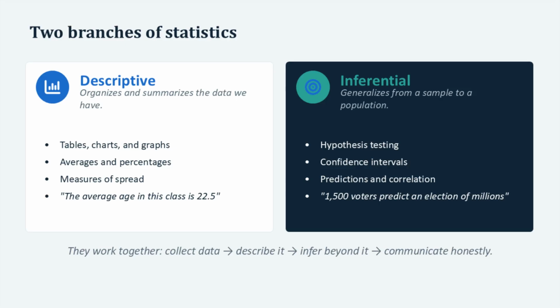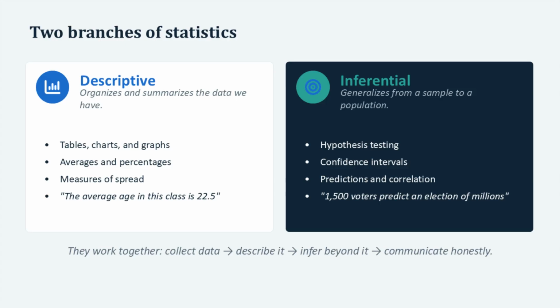The second branch is inferential statistics. And this is where statistics becomes especially powerful. Inferential statistics is about taking information from a sample and using it to make a conclusion about a larger population. This is where we get things like hypothesis testing, confidence intervals, and predictions. Here's a really clear example.